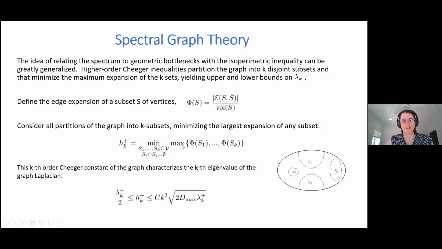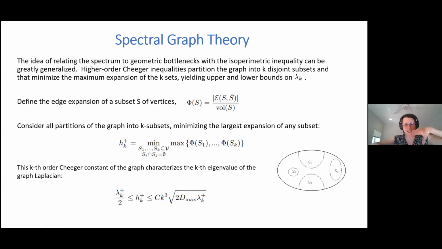And so define the Cheeger constant, or the K-way Cheeger constant. Let's first think of the case K equals 2. We're going to split into 2 disjoint subsets, and you want to minimize over all possible choices of these disjoint subsets.